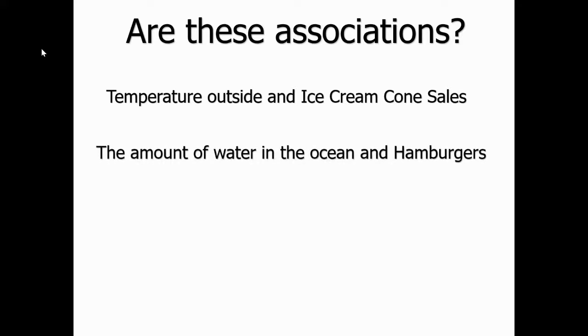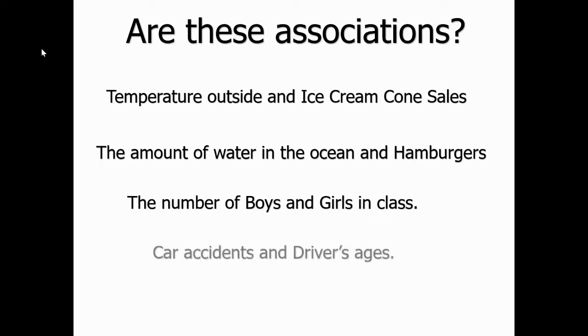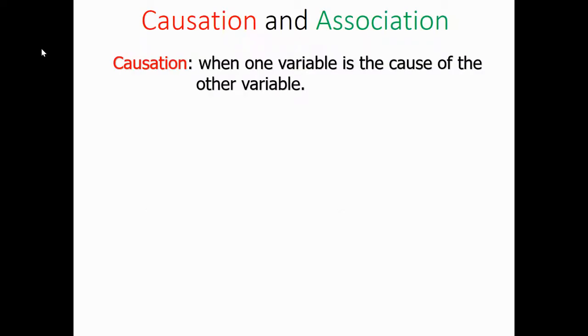Those are obviously two things that are not associated with each other. The number of boys and girls in class. Those are associated because they are both students. Car accidents and drivers' ages. Any parent that pays insurance costs for teenagers knows that those two things are definitely associated.